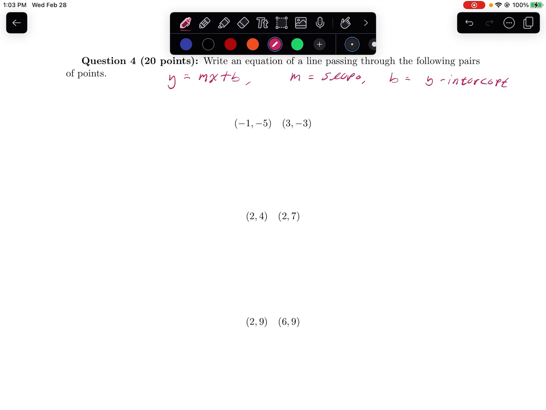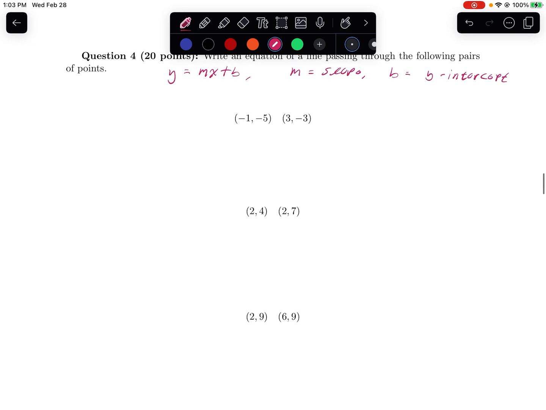If all we're given is 2 pairs of points, we are able to find the slope of a line. Remember, the slope is given by m equals rise over run, or y2 minus y1 over x2 minus x1.